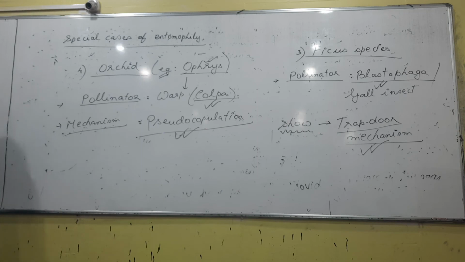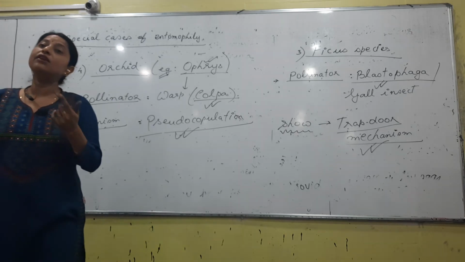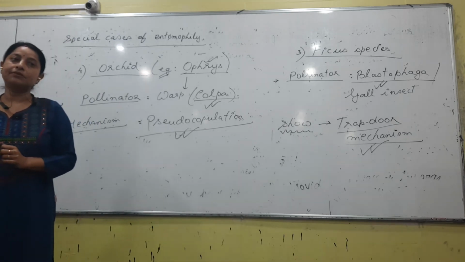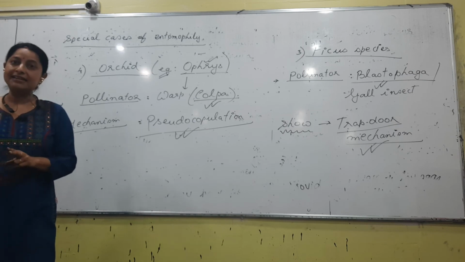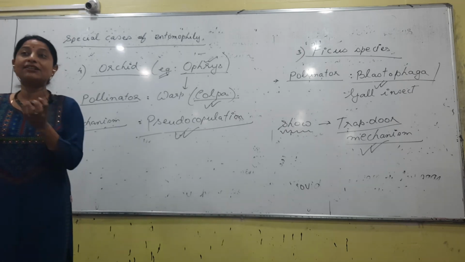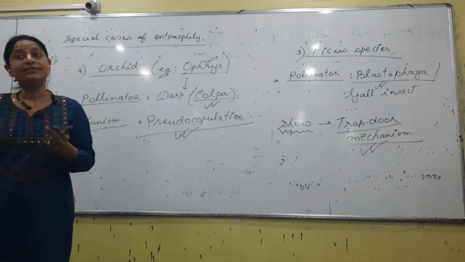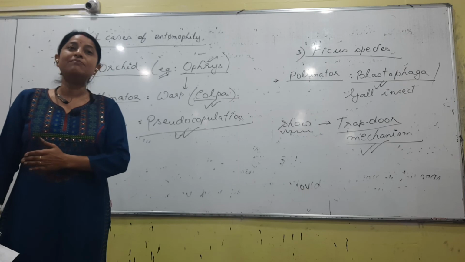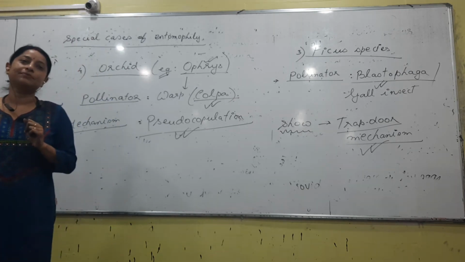Why do we call it false mating? Because the flower looks like the female of the insect. There is a male insect, the male insect comes to mate with the female insect, but the orchid looks exactly like the female. So the male confuses himself and thinks the flower to be the female partner and tries to copulate, and that is what is called pseudocopulation, right.